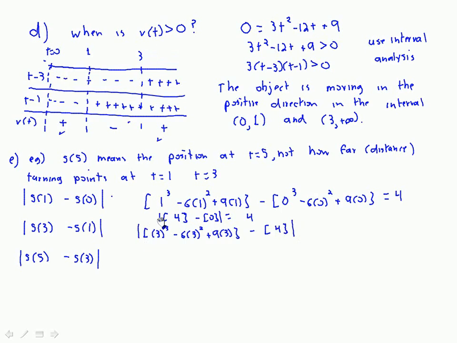So 3 cubed minus 6 times 3 squared plus 9 times 3. Well, that's shocking news, because we end up getting its position at that point is 0. And then 0 minus 4 is also equal to 4 when you take the absolute value of it.